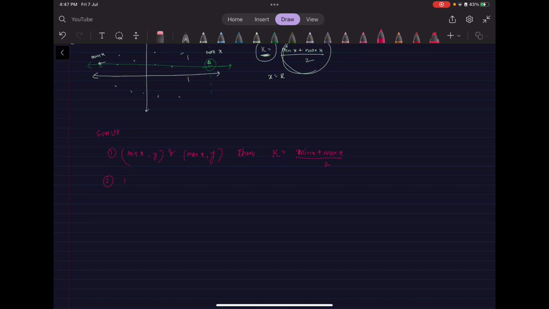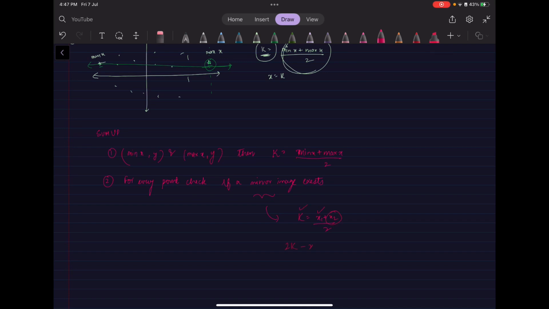Then for every point, check if a mirror image exists. And how do I check that? I am again going to use the same equation, k equal to x1 plus x2 by 2. Now if I know x1 and k, I can find x2.